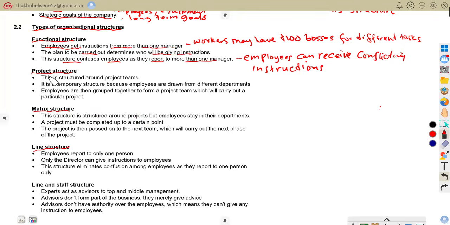I explained a matrix structure with the project structure. That's a mistake, please forgive me. A project structure is a structure around project teams, meaning workers are grouped specifically for each project.